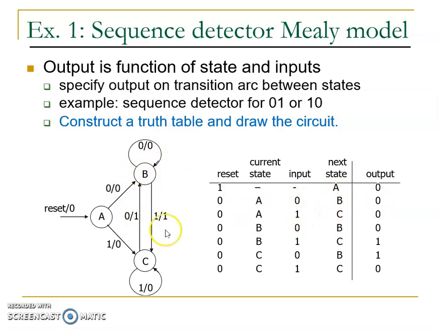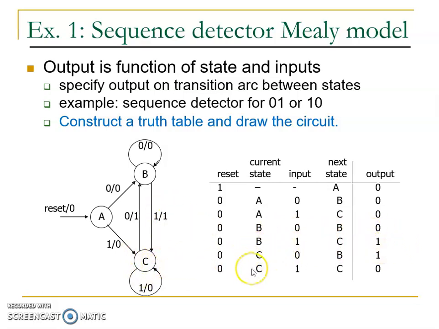For input 1, the next state is C, so we write C here, and the output is 0. And then for state B, input 0: current state B, input 0, next state B, output 0. For input 1, next state C, output will be 1.